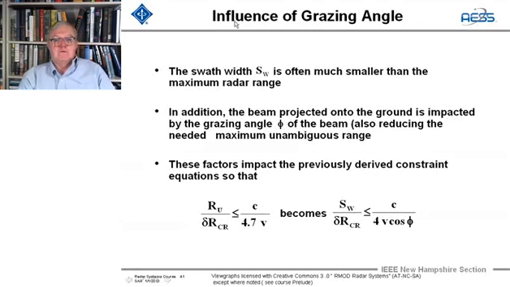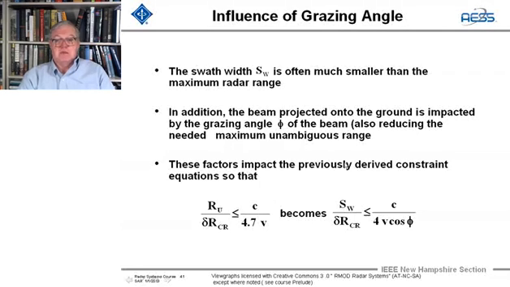Now, the influence the grazing angle has on the swath size, the swath that we scan the beam over. The swath width is often much smaller than the maximum range of the radar. In addition, the beam projected onto the ground is impacted by the grazing angle of the beam, also reducing the need for a maximum unambiguous range.